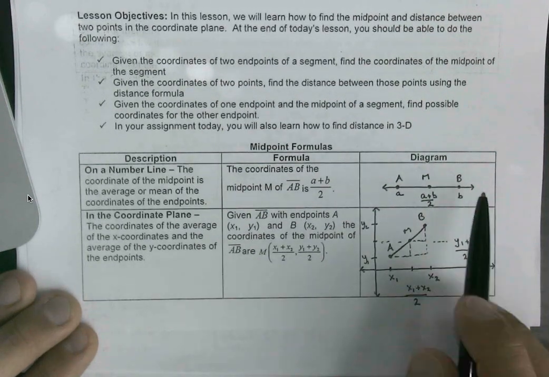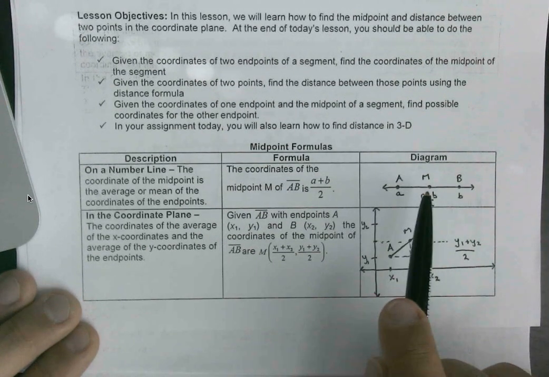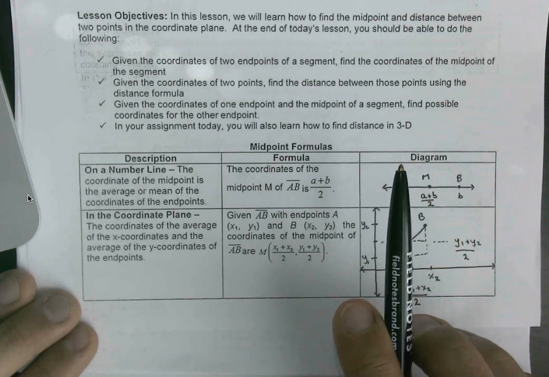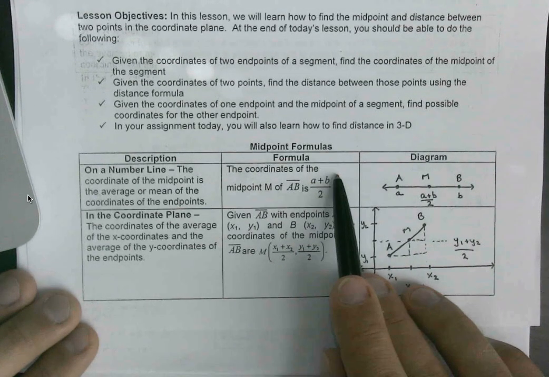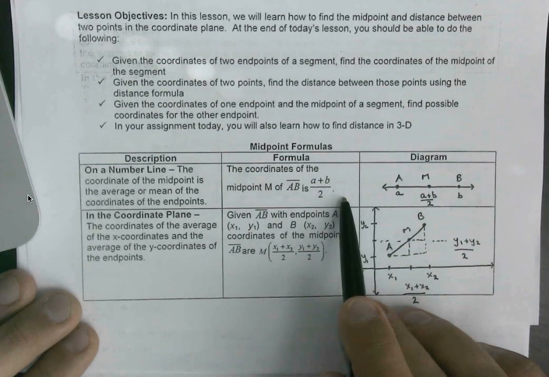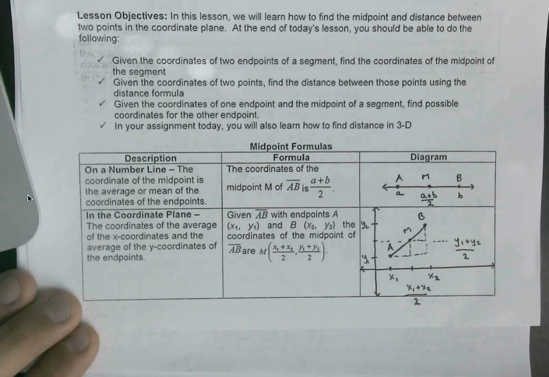Of course, the coordinates we'll be using are going to be positive for the most part, so it's a little tricky because the example we had was negative, but we add up our coordinates and take half of it, or we take the average. That's another way to think of it.